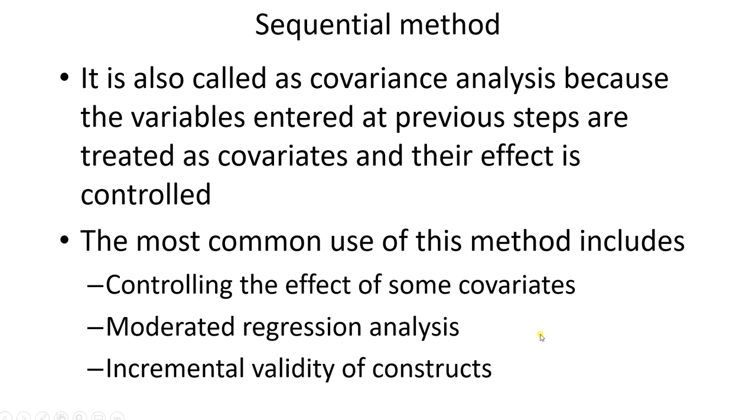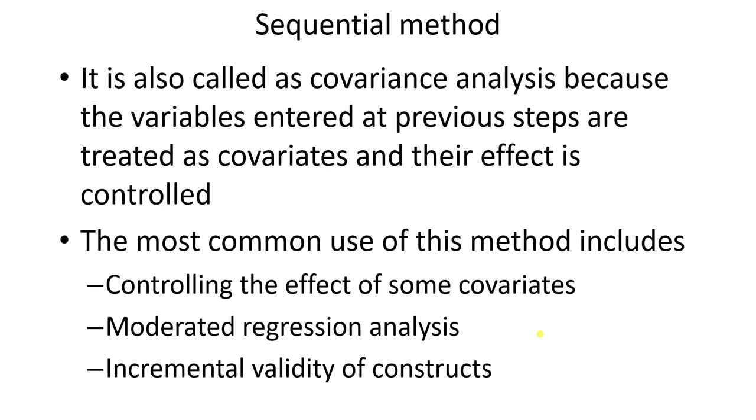This hierarchical method is also used in moderated regression analysis. I will try to upload one video on moderation and mediation analysis also. But for the time being, moderated regression analysis is an analysis in which we try to examine the moderating or buffering effect of a third variable on the relationship of two variables. Suppose stress is linked with health.